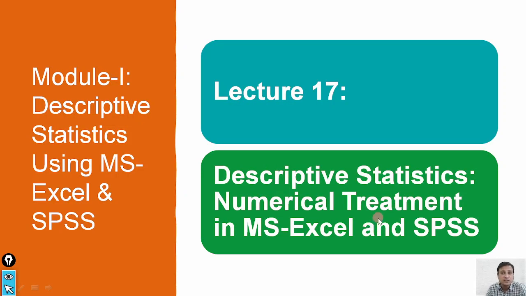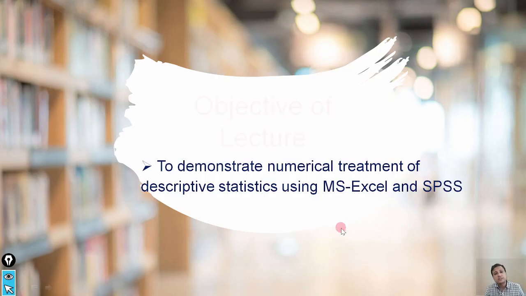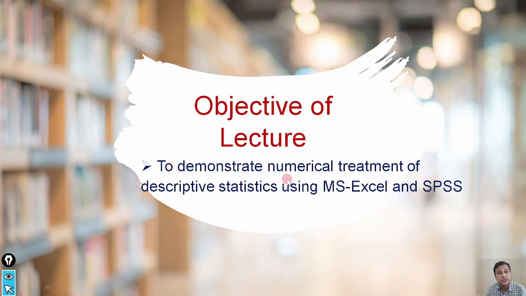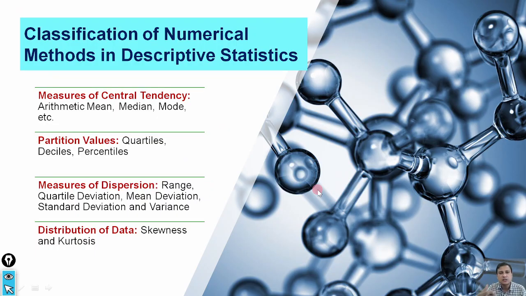The title of lecture 17 is Descriptive Statistics, Numerical Treatment in MS Excel and SPSS. The objective of this lecture is to demonstrate numerical treatment of descriptive statistics using MS Excel and SPSS. But before starting, we first need to understand what numerical methods are, or what the different numerical methods are that we'll be dealing with in this lecture.